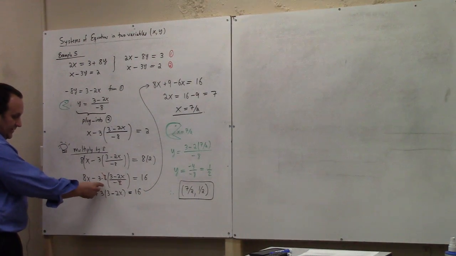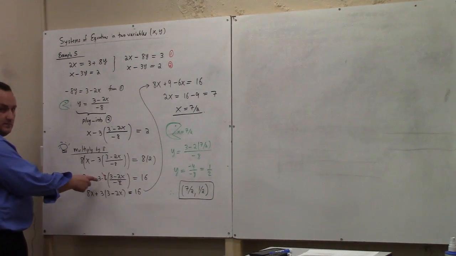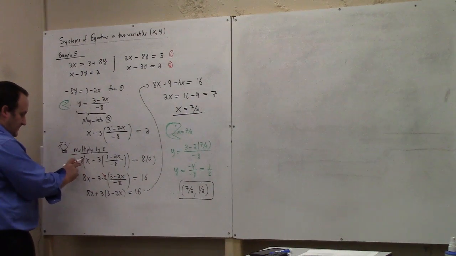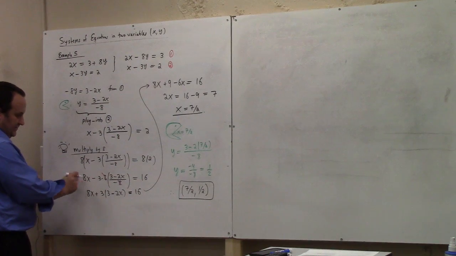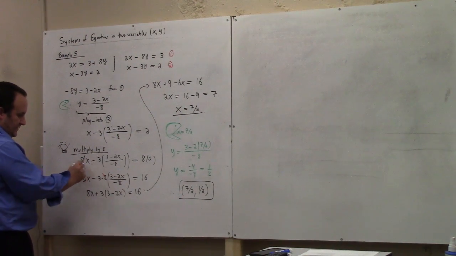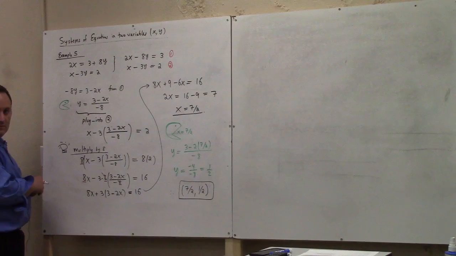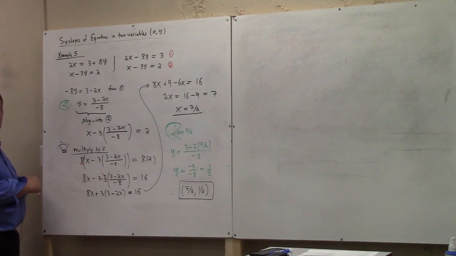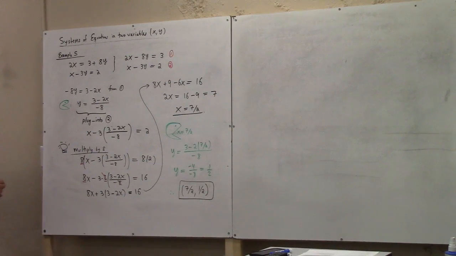Well, but I did. I put the 8 right here. 8x is this, right? That 8 went there, and then it also goes over to here to give me that one. This 8 was not here before. That's from distributing. But then it went away because the 8 cancels with the 8.